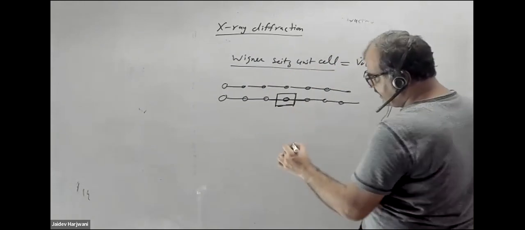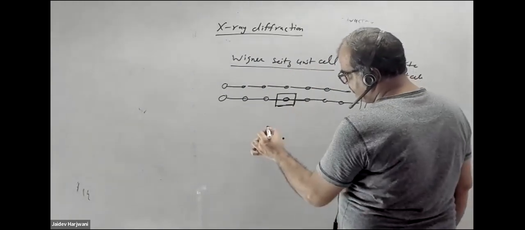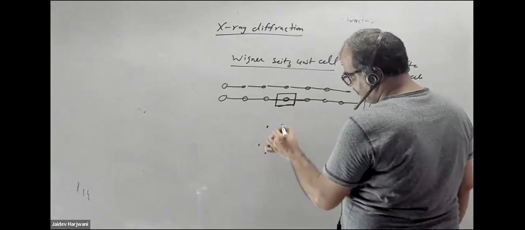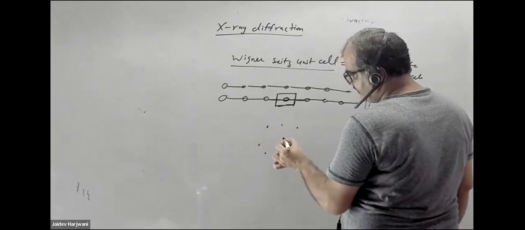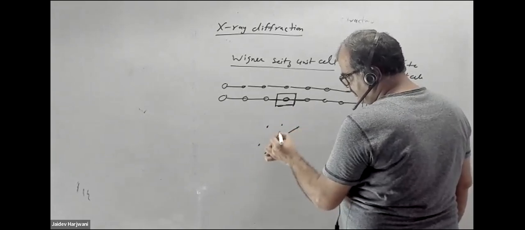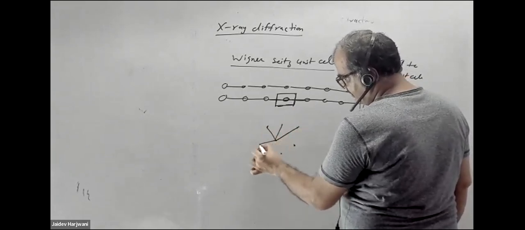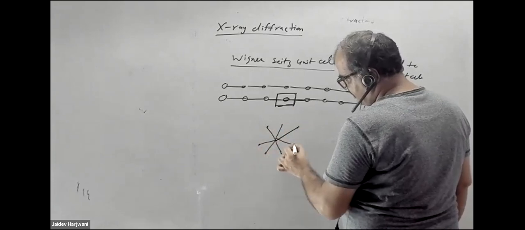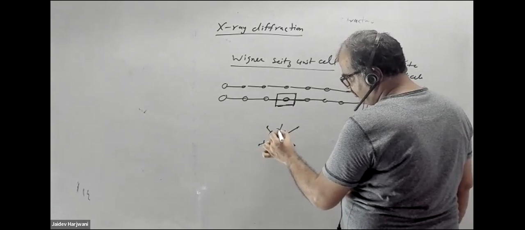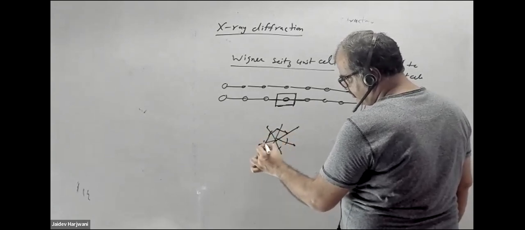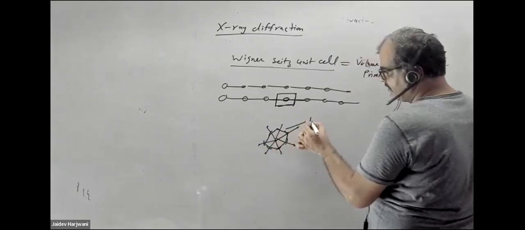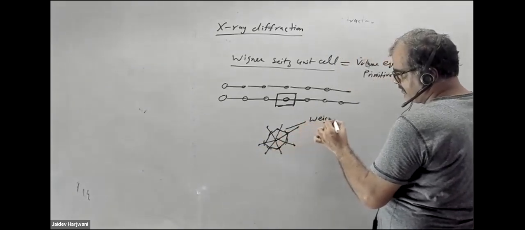If there are more atoms, suppose here I have one atom, here I have one atom, here I have one atom, you just need to connect this point with the nearest neighbors, divide this distance by half, and connect all these points. So this will be your Wigner-Seitz cell.